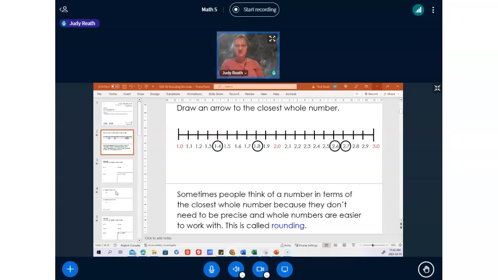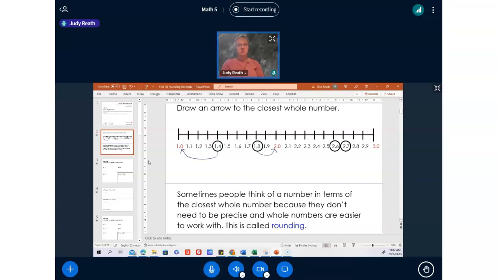Our last part of this lesson here is on rounding. So here it asks you to draw an arrow to the closest whole number. For this one, from 1.4, our closest whole number will be 1. From 1.8 or 1 8/10, our closest whole number, remember, will be 2, right?